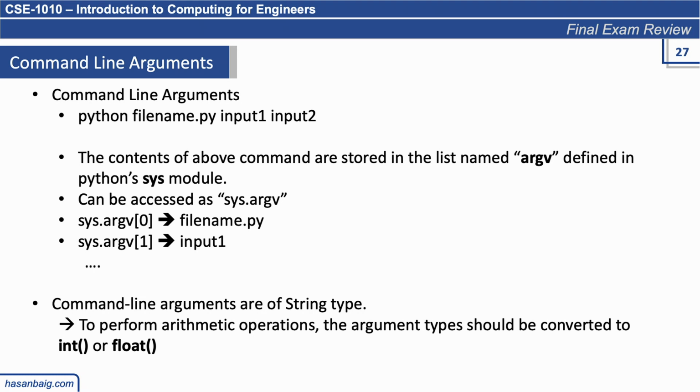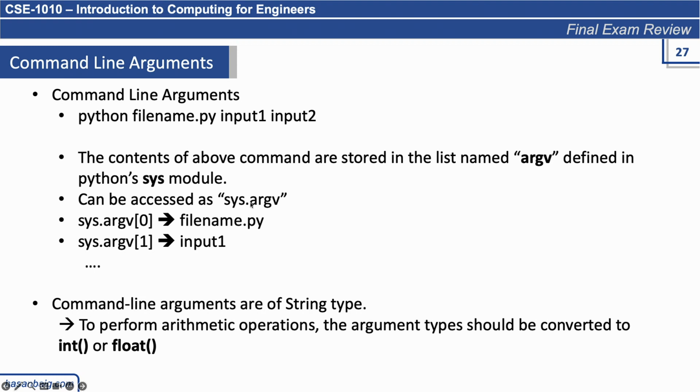Where is this list defined? This list is defined in a built-in module named sys. Sys is the module that deals with system-related stuff in Python. So how can we access that list? First of all, we need to access the name of the module, which is sys, which means that we first need to import that module. So import sys, and once we import sys, then we can use sys.argv.